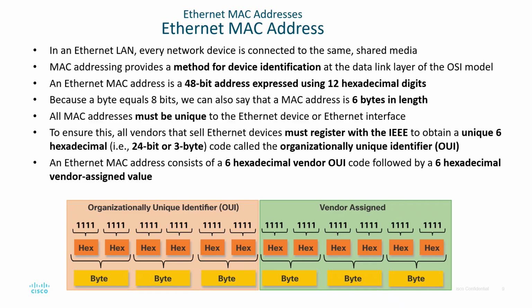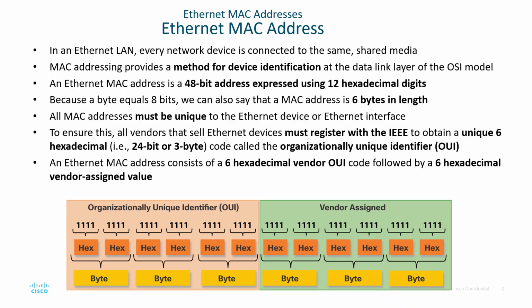To ensure this, all vendors that sell Ethernet devices must register with the IEEE to obtain a unique 6 hexadecimal number, which can be referred to as either a 24-bit or 3-byte code, which is referred to as the organizationally unique identifier, or the OUI. An Ethernet MAC address consists of 6 hexadecimal vendor OUI codes, followed by 6 hexadecimal vendor assigned values.